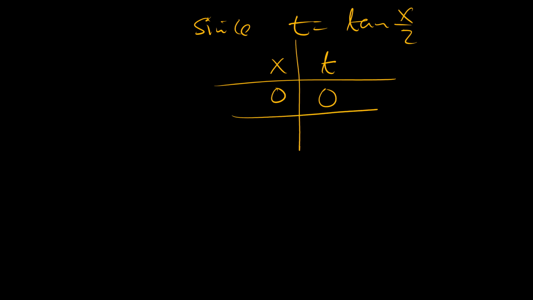When x equals pi over 2, tangent of pi over 2 over 2 is tangent of pi over 4, which is going to be 1.